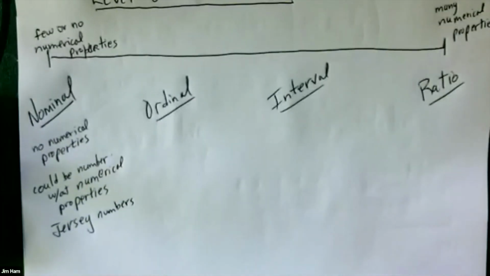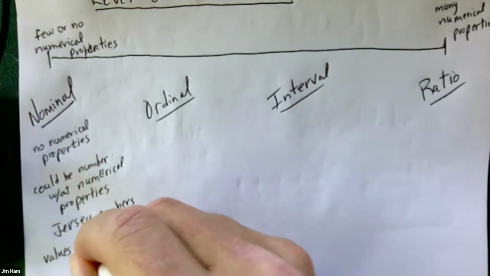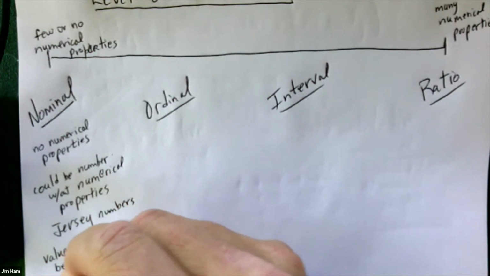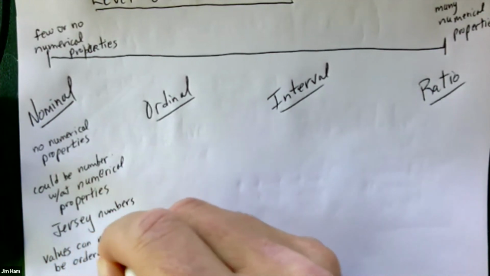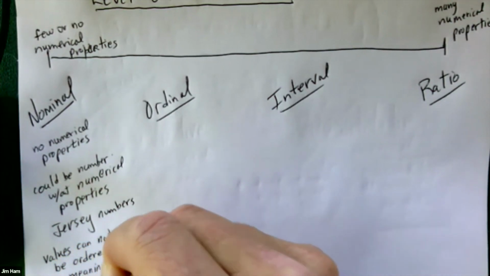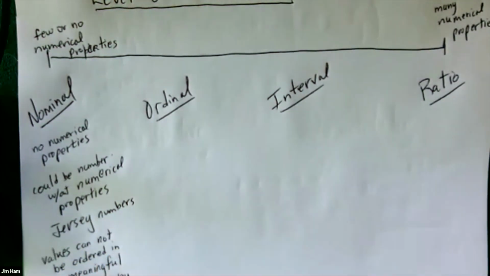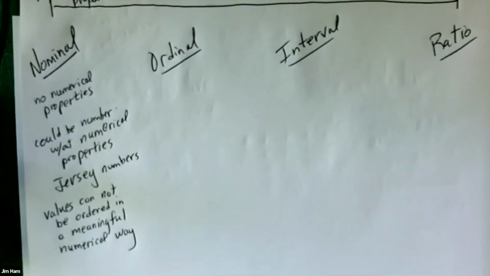Now, some of the things that I list here under nominal, the values cannot be ordered in a meaningful numerical way. And the reason I say that is because the next level of measurement is going to take on that number property that the previous category didn't have. So ordinal, if you look at the first part of that word, implies order.